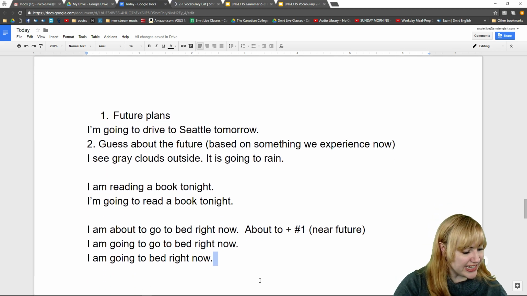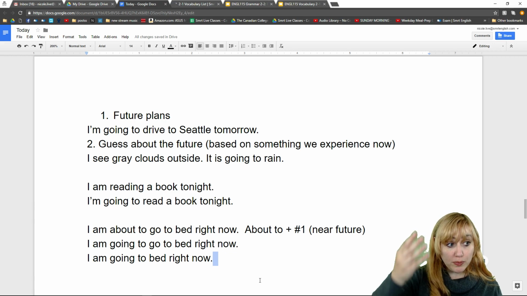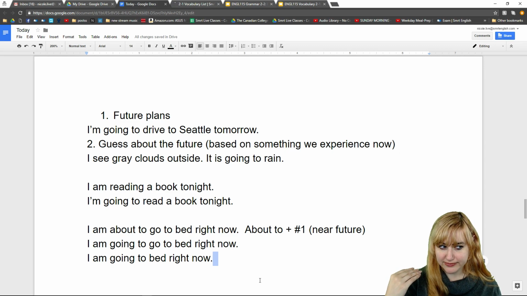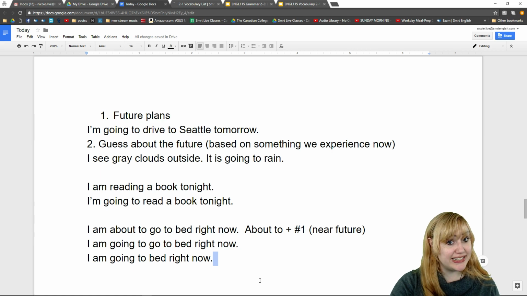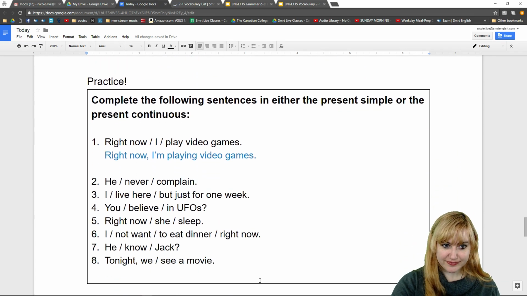Okay, so let's see how much time we have. Oh, good, we have just enough time for us to do a little practice together. So I hope you remember present simple from before, because we're going to see if we should make present simple or present continuous. So let's look at our practice.